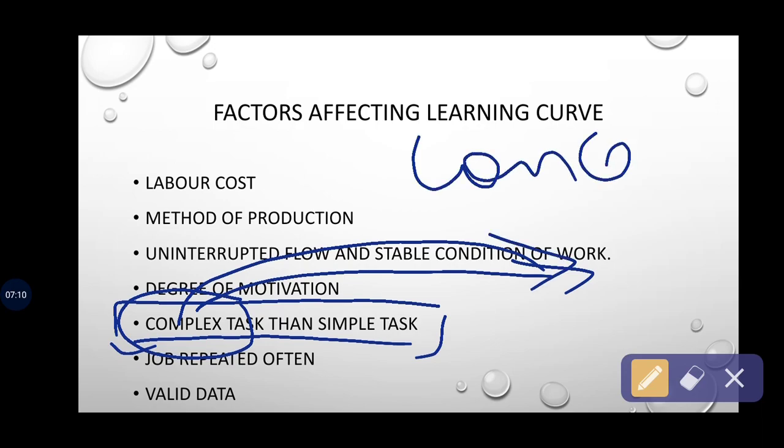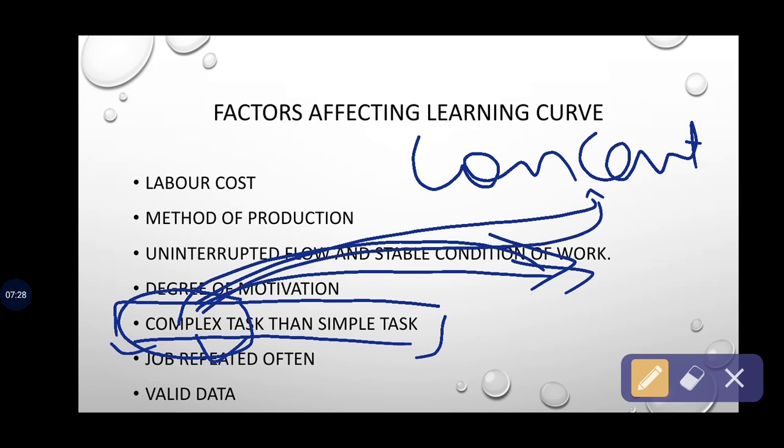Concentration level in a complex task will be higher, because they know in the beginning that this is a difficult task. If we don't concentrate on learning this specific task, we will find difficulty in the future. So they are more aware, and their listening capacity will be more.